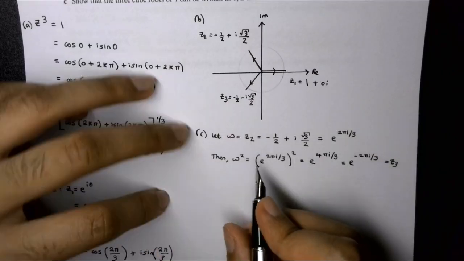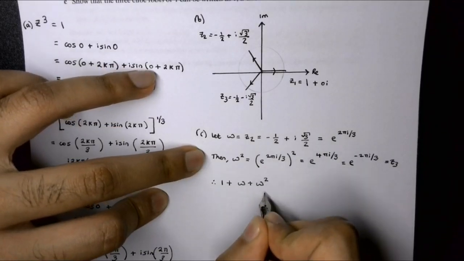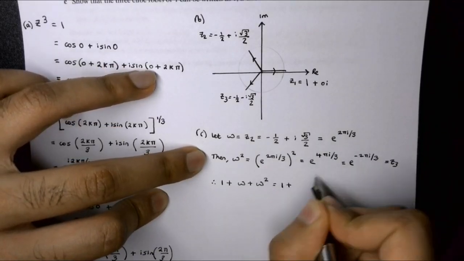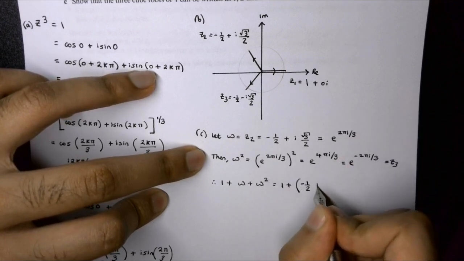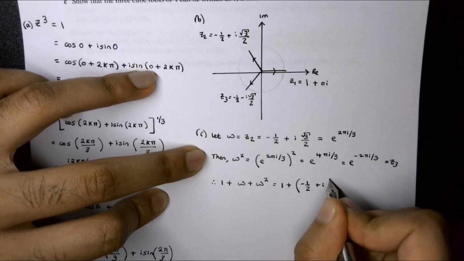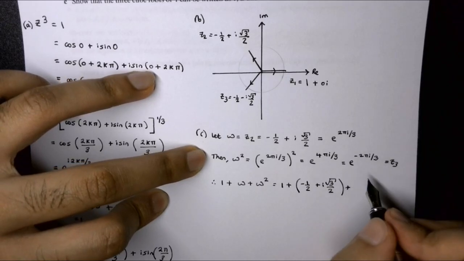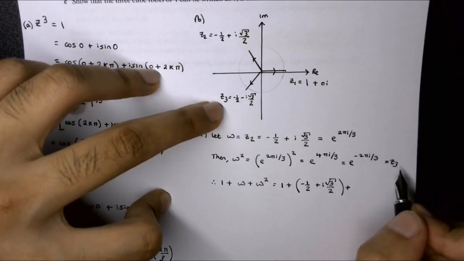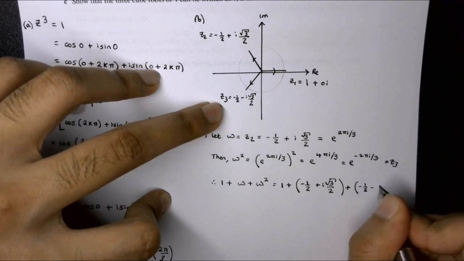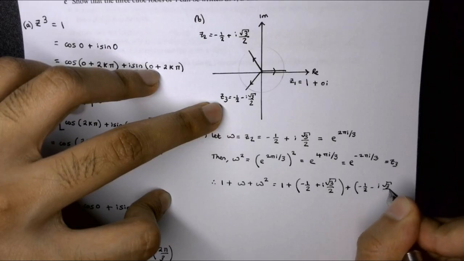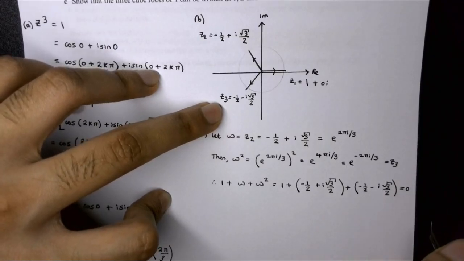So if we work out 1 plus omega plus omega squared, we have 1 plus minus 1/2 plus i root 3 over 2 plus Z3, which is this result over here, minus 1/2 minus i root 3 over 2. And if we add all this together, we get 0.